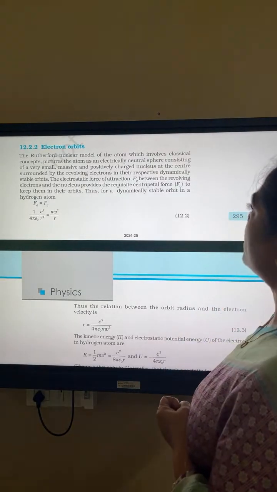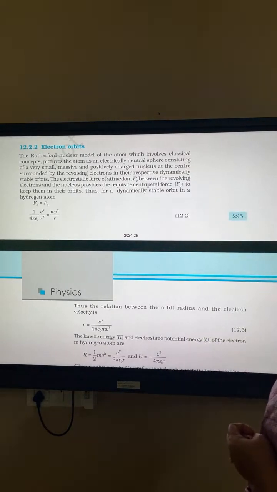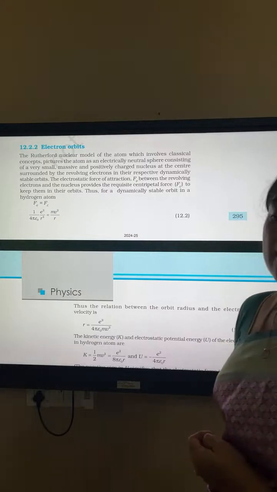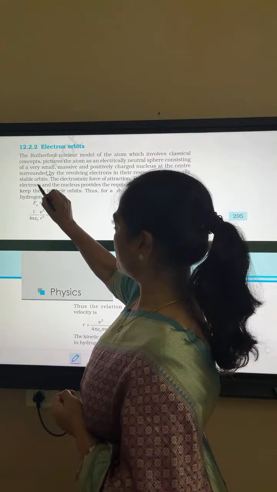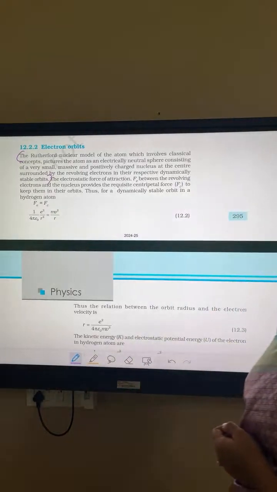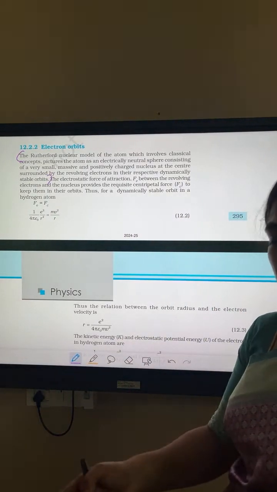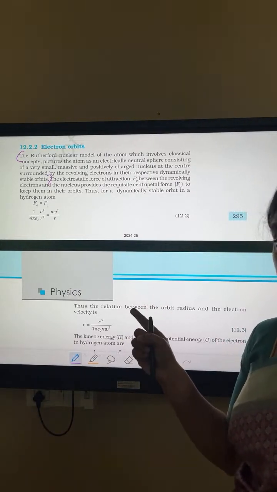It consists of a very small, massive, positively charged nucleus at the center, surrounded by revolving electrons in their respective dynamically stable orbits. This is a good definition of an atom. So the Rutherford atom model is classically true.